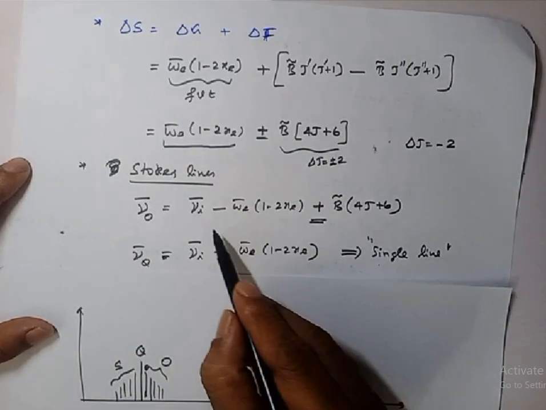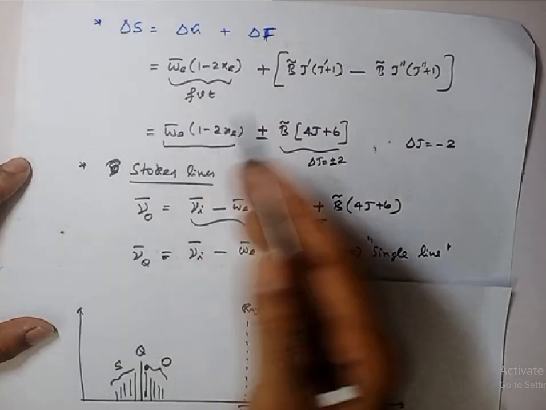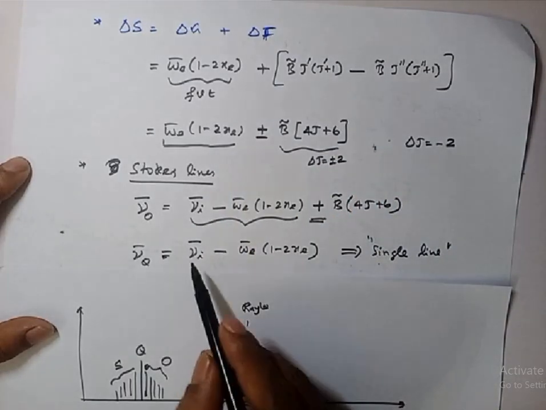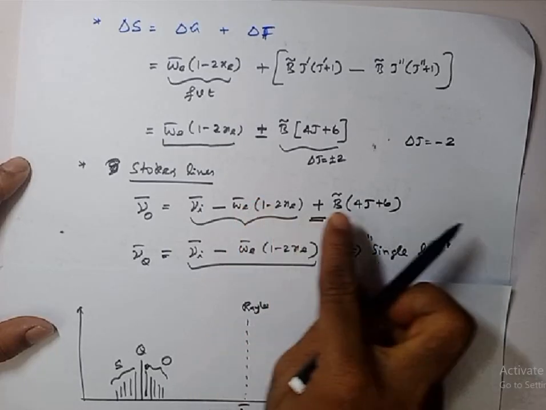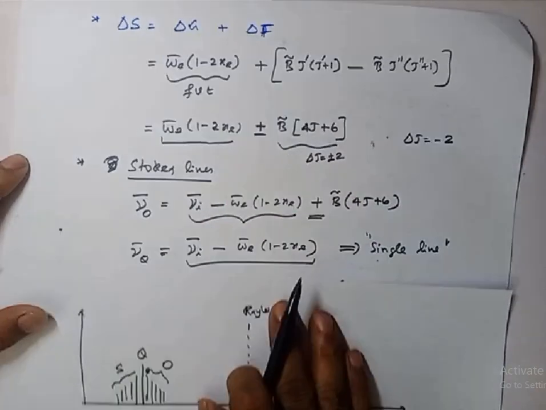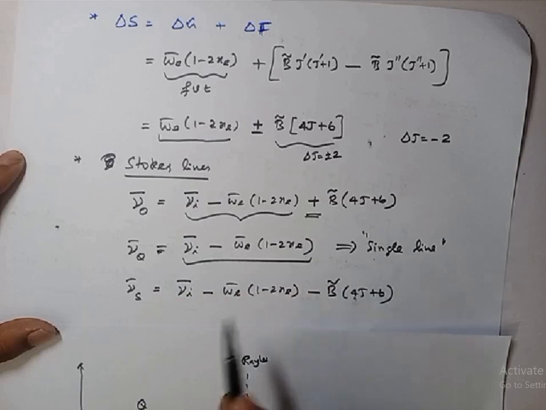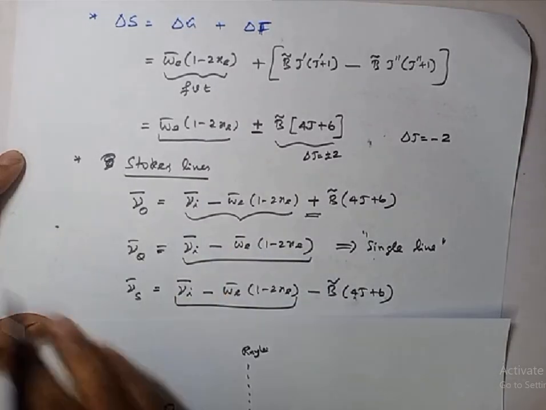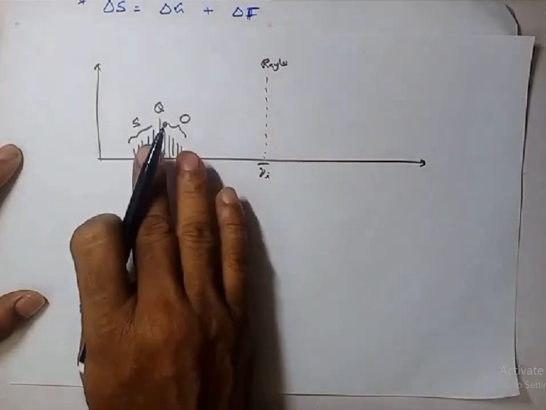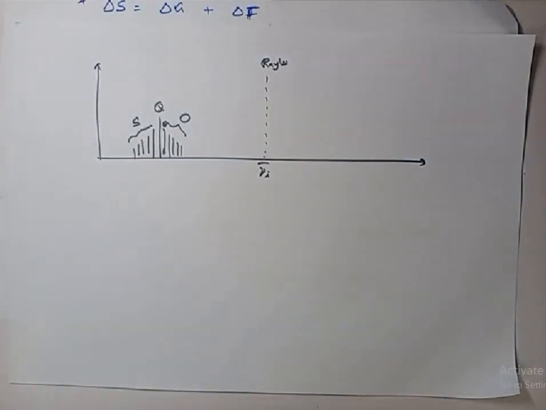It will appear on the higher frequency side of the Q branch, and the S branch on the lower frequency side, since it is Q minus this. This is how the spectrum will look.